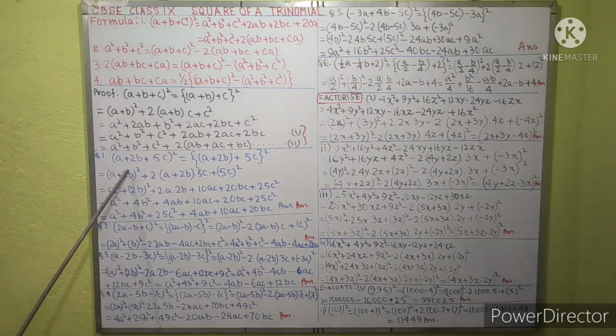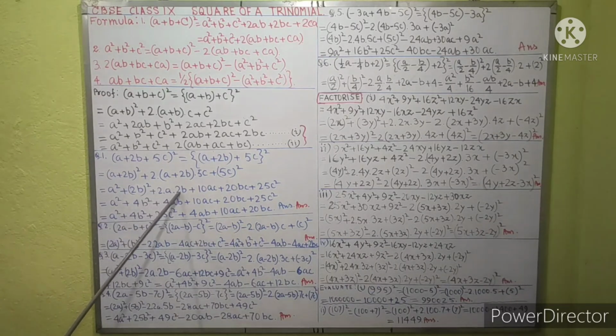Again, (A + 2B) whole square, so it is A square plus 2AB and B square. A square plus 4B square plus 4AB, plus 2 into A into 5C, that is 10AC, plus 2 into 2B into 5C, that is 20BC, and (5C) whole square, that is 25C square.